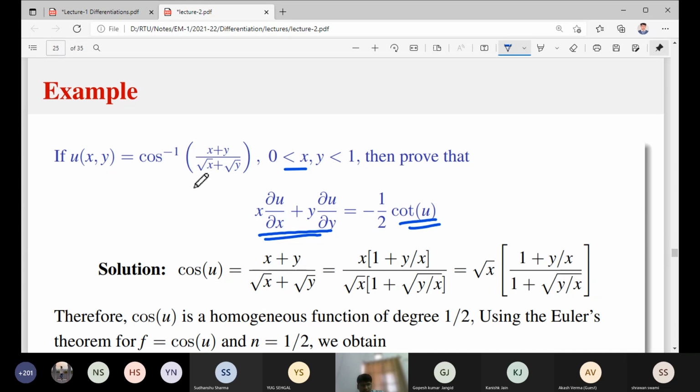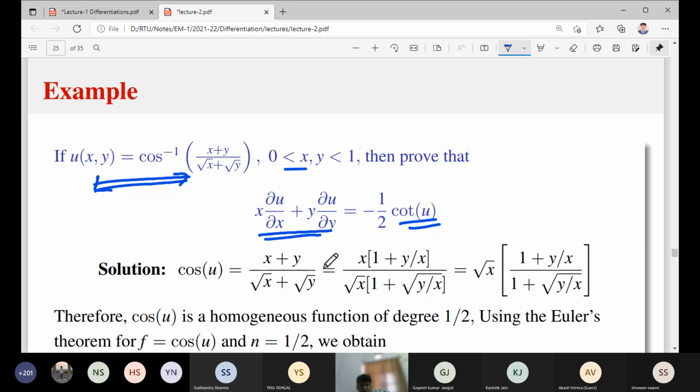So let us redefine our given function. What can you write this function as? cos of u equals (x plus y) divided by (square root of x plus square root of y). So rewrite the given function as cos of u equals (x plus y) divided by (root of x plus root of y). Now you can easily see that the degree of the numerator is 1 and the degree of the denominator is 1/2, right?